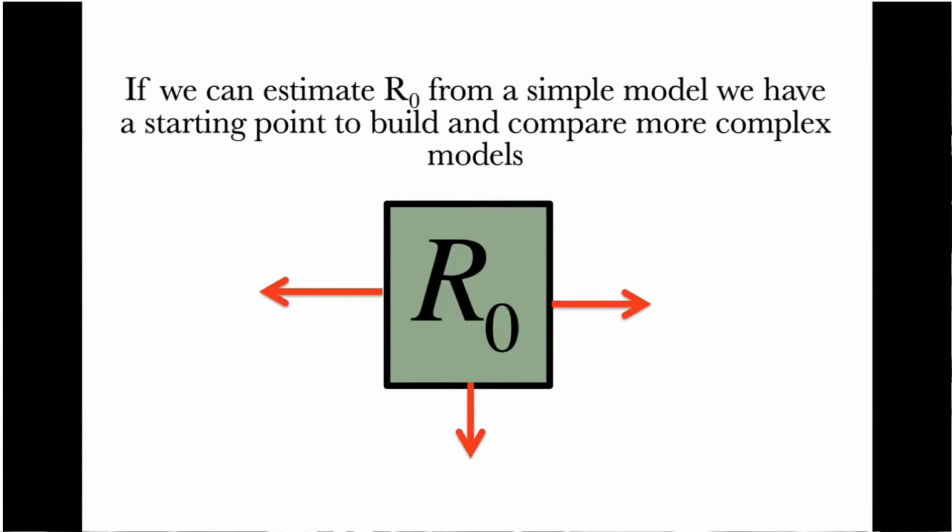But if we can estimate R0 initially from simple methods, we are able to at least inform some of the more complex models with these quick and rough estimates of R naught. So that's the importance of having a handle on something as important as R naught early on, before you have the full power to estimate them within dynamic models.